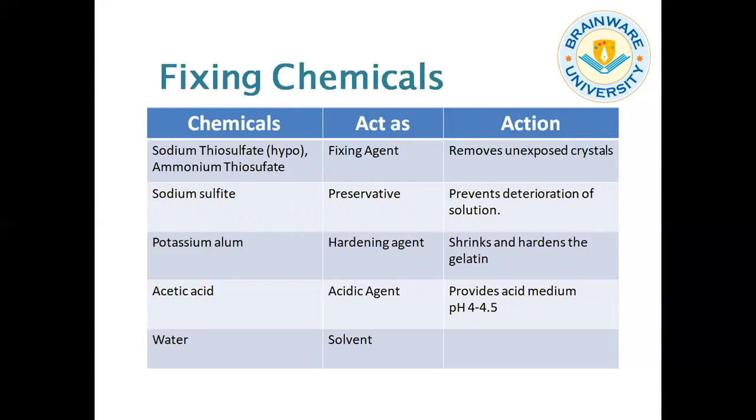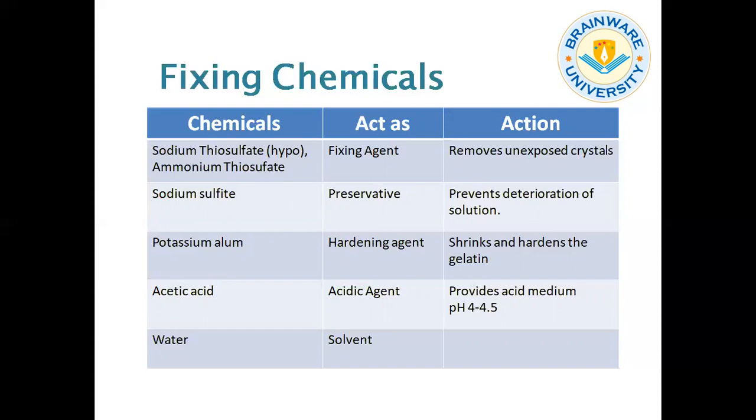As preservative, we use sodium sulfite that will prevent deterioration of the fixing solution. The hardening agent again plays an important role in fixing chemical to harden the gelatin from the emulsion layer.